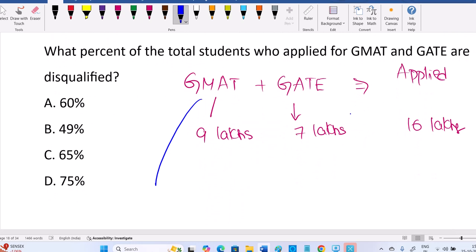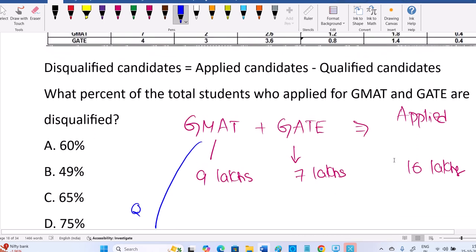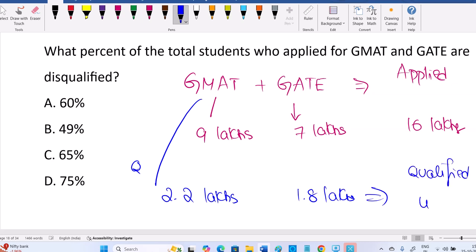Qualified is Q, this is applied A. GATE qualified is 1.4 plus 0.4, 1.8 lakhs qualified. So together qualified is 4 lakhs.